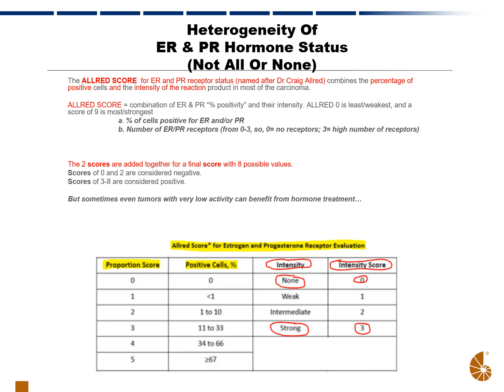You can see in the table at the bottom the proportion score based on the percentage of positive cells, and the intensity, and what the Allred score would be based on that. An Allred score of 0 is the weakest, and an Allred score of 9 is the strongest.